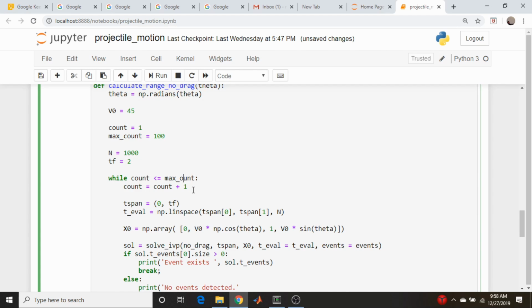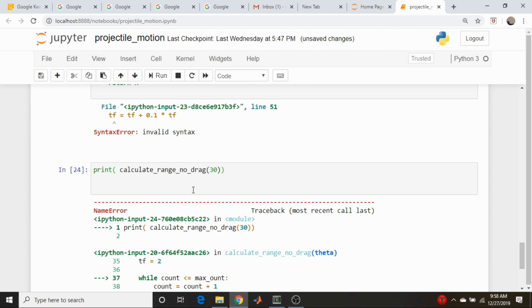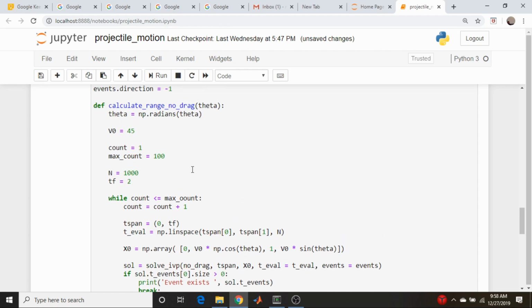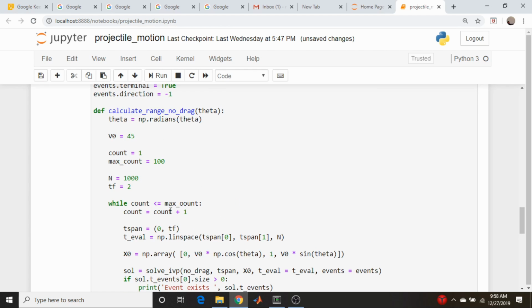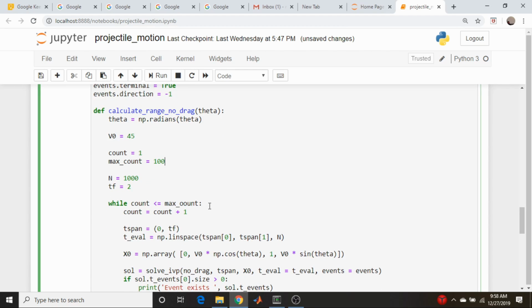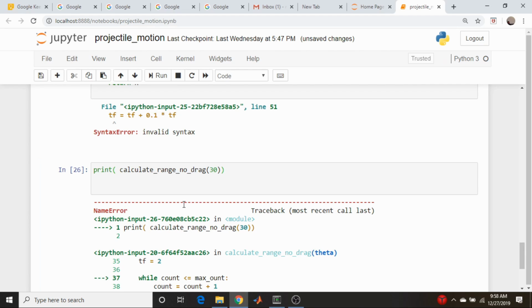Oops. There's an embarrassing typo. Max count. Still an issue. What did I do now? Max count. Max count. Oh, that needs to be a C. Still a problem.